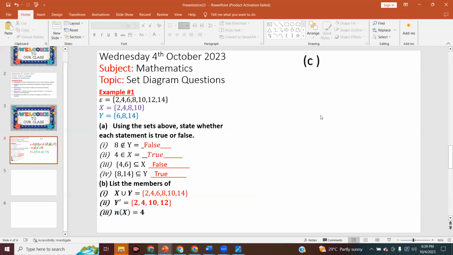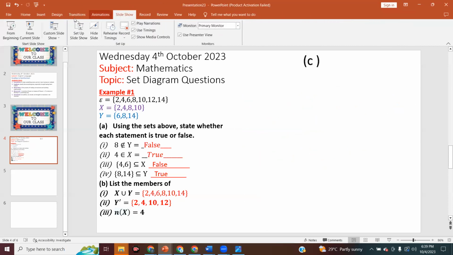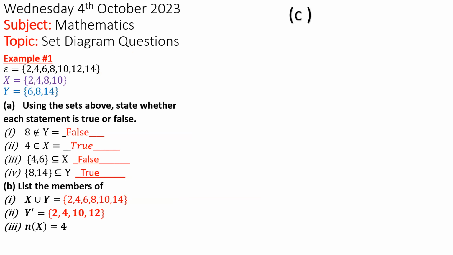Let me just explain it to you. If you look carefully at the list of sets that we have, set X contains numbers. What inside set X? 2, 4, 8, and 10. Very good.